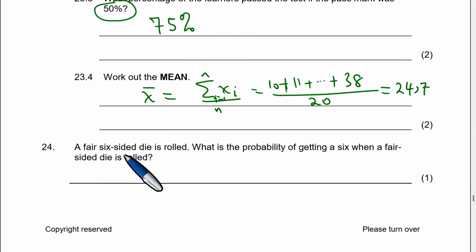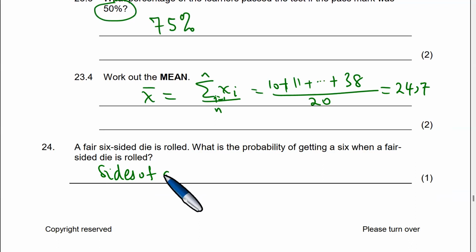If a fair six-sided die is rolled, what is the probability of getting a 6? Your answer? What are the sides of a die?